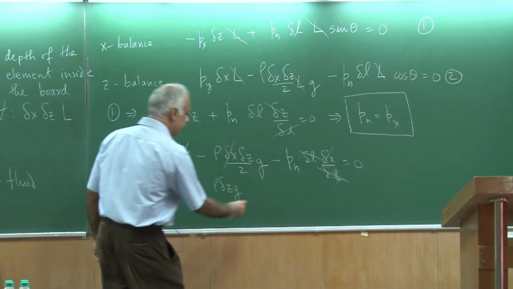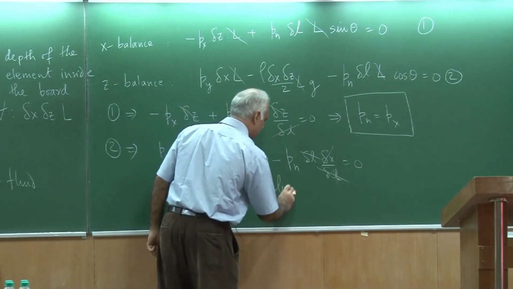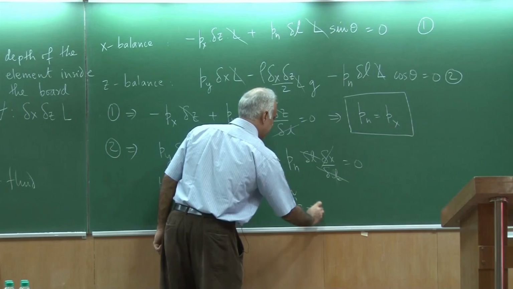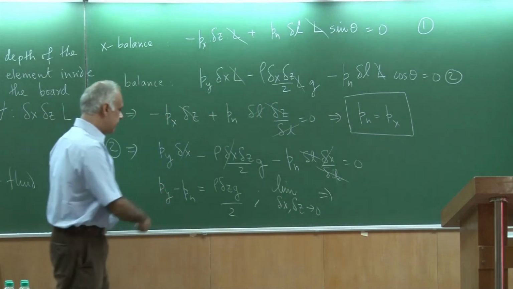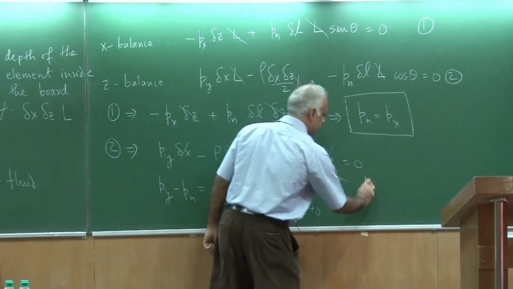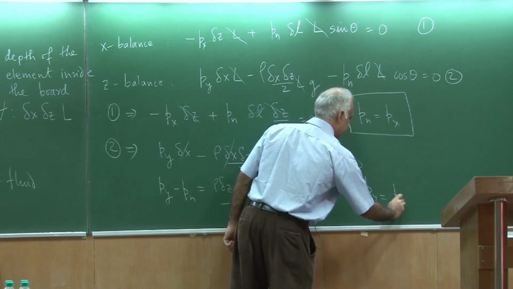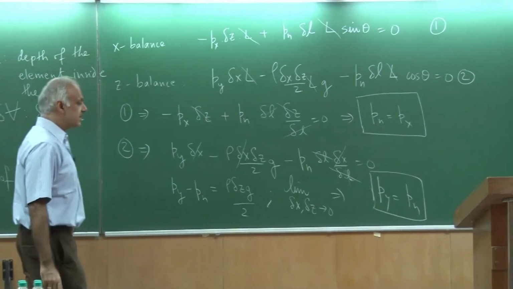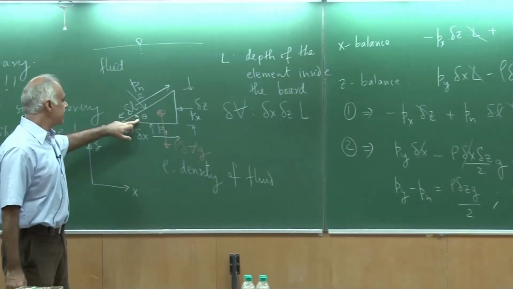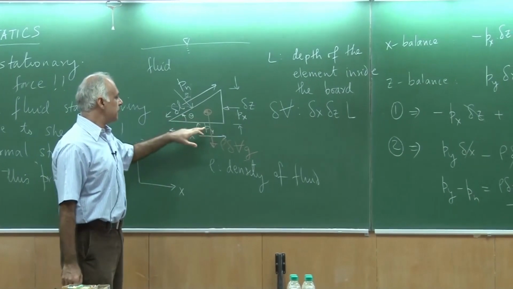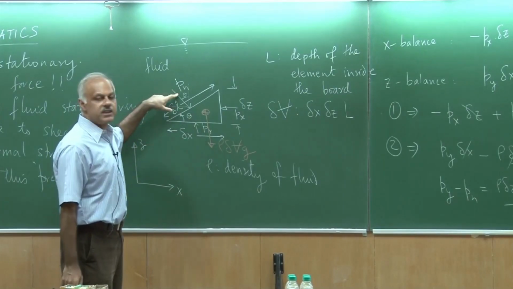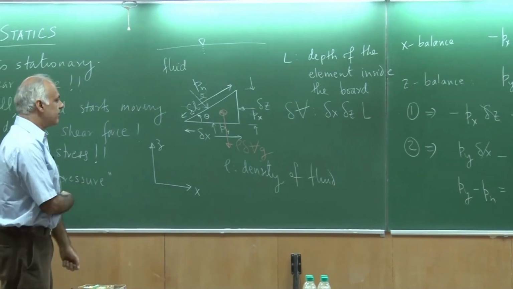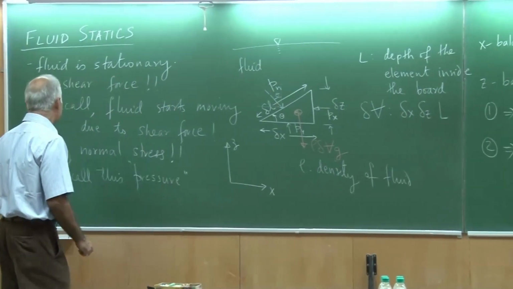Now if I take an infinitesimal element, so limit delta x, delta z tends to 0 on this equation, then I get Py is equal to Pn. That means if I look at this fluid element, then these two pressures Px and Py are both equal to Pn, and therefore they also must be equal, and that is the famous Pascal's result.